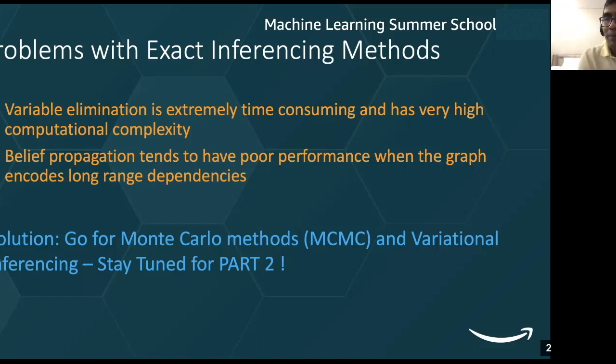That's where we come across the need for a different approach to performing inferencing on Bayesian networks, and two possible solutions emerge: Monte Carlo methods such as Markov chain Monte Carlo sampling, and the second approach being variational inferencing. Both of these will be discussed in greater detail in part 2 of this presentation.